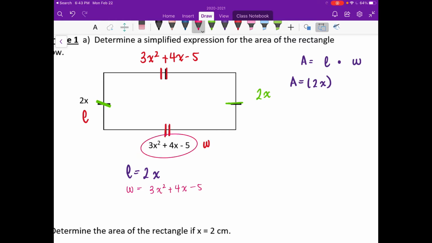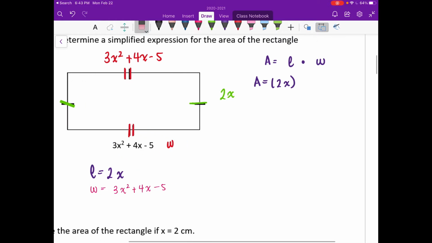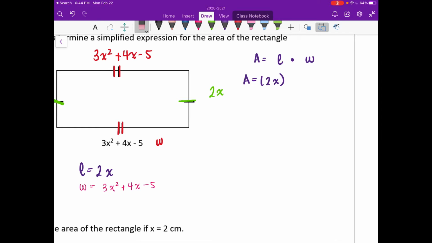Right? So now I can say, times 3x squared plus 4x minus 5. And now I've plugged them in, right? Now I know that area is equal to 2x times 3x squared plus 4x minus 5.